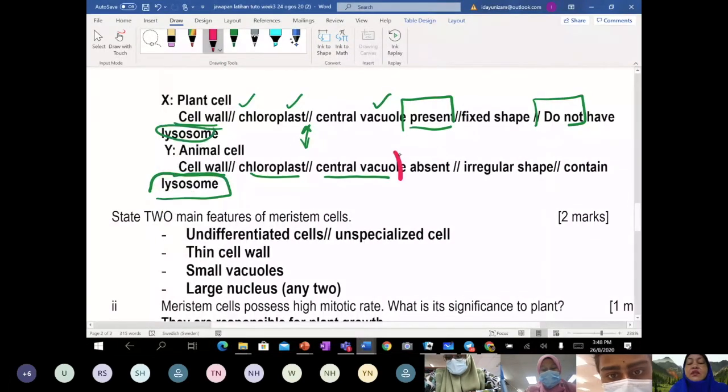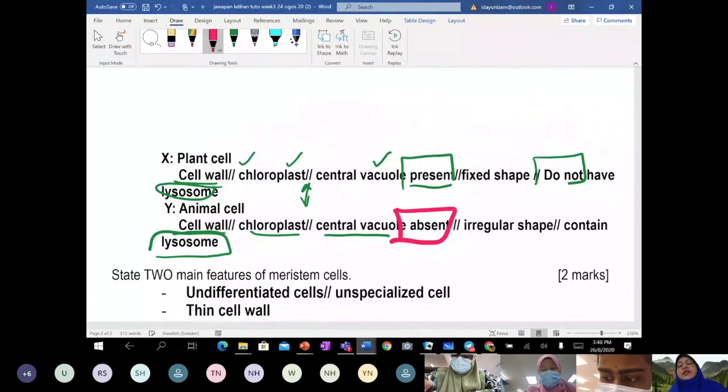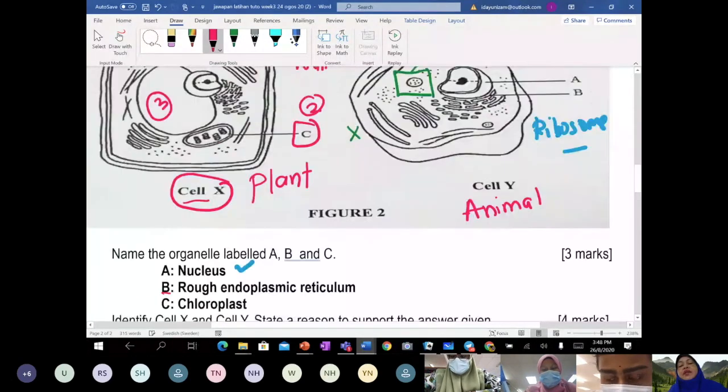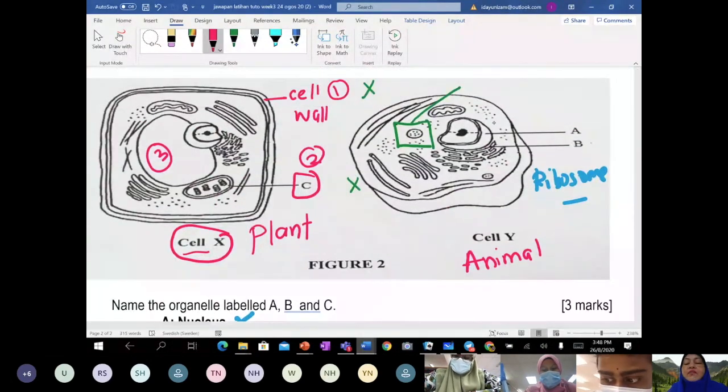Another thing, even though when you look at this diagram the animal cell seems fixed, actually animal cell shape is irregular compared to plant cell. Plant cell has a fixed shape because of the presence of cell wall.